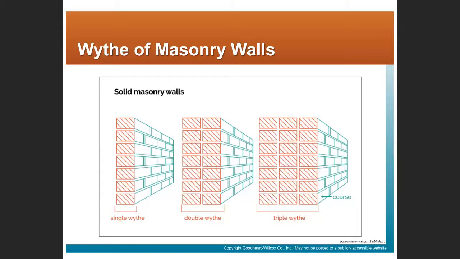And again, just some terminology here with masonry. So wythe has to do with the width or number of bricks from in to out, and courses are the layers of brick that are piled up horizontally on top of each other.